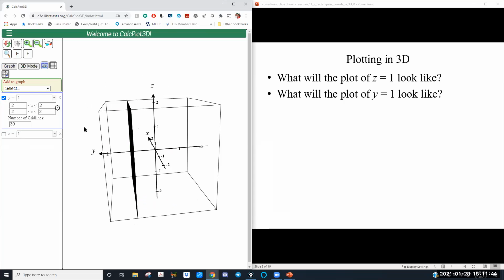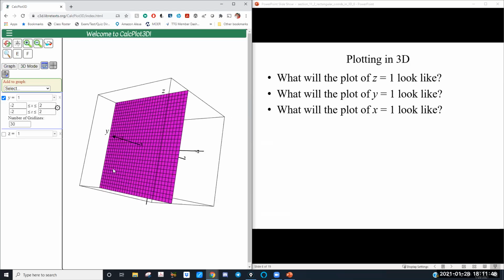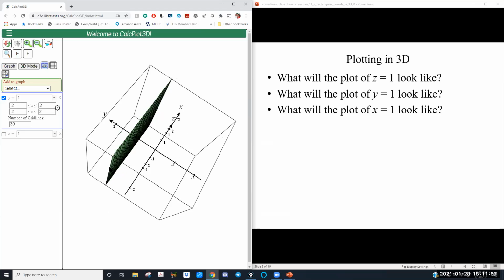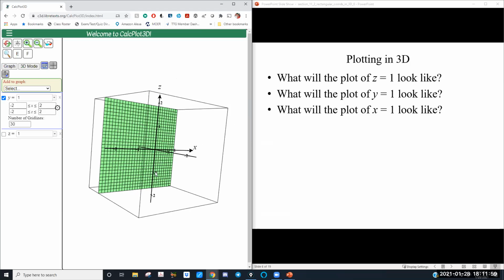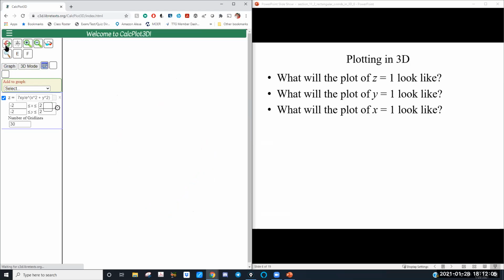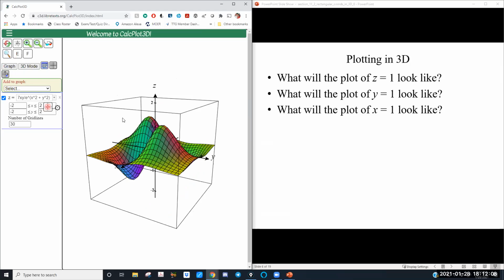So anytime x, y, or z is equal to a constant, we get a plane. And it will be parallel to the plane created by the other two axes. So even though we have 3 variables, they don't have to be in our functions. So anytime you want to go back to the beginning, you can just reset the app.